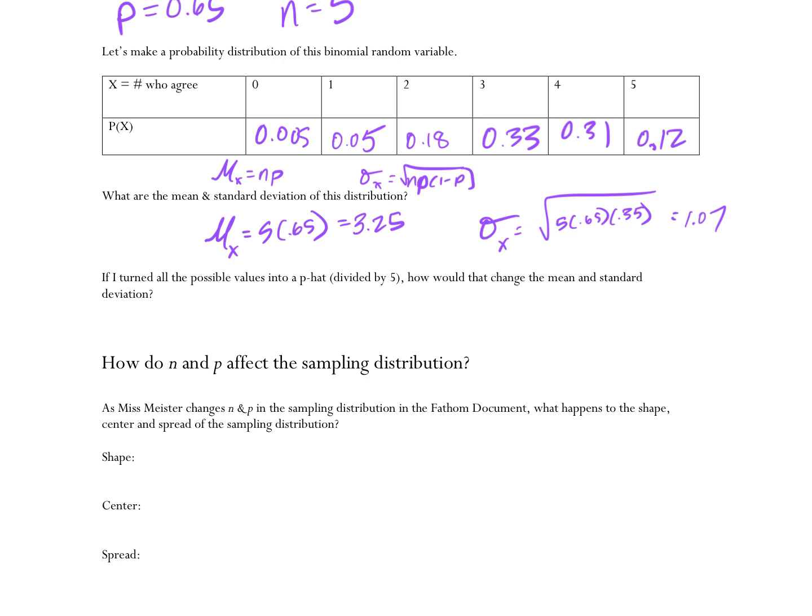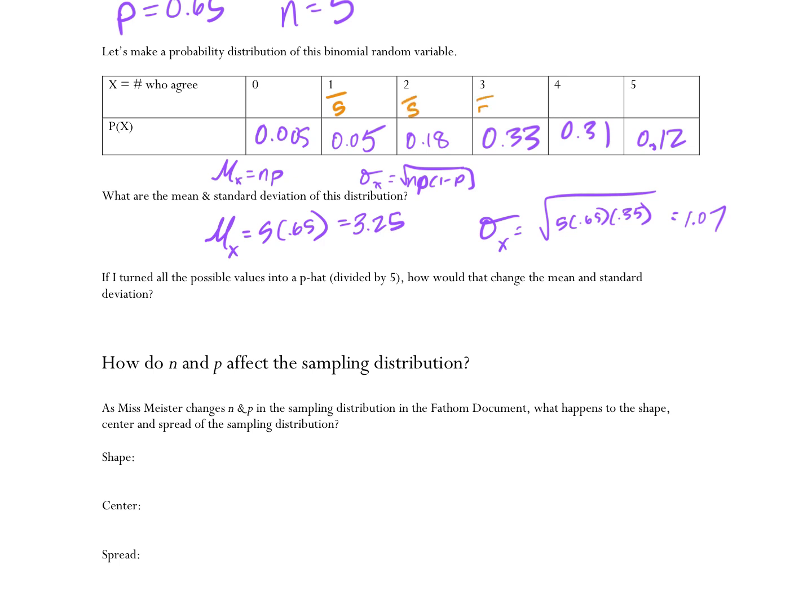And if so, how would I do that? If one person agrees, what percent of the sample agrees? 20. How'd you get that? 1/5. So you divided by 5. And if 2 people agree, that would be 2/5.